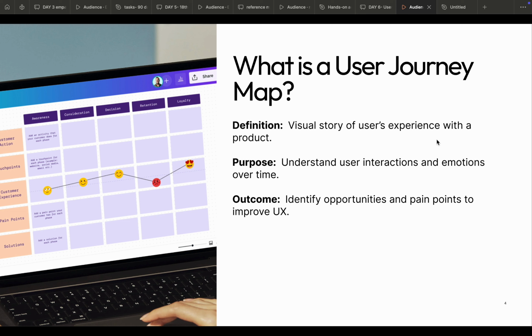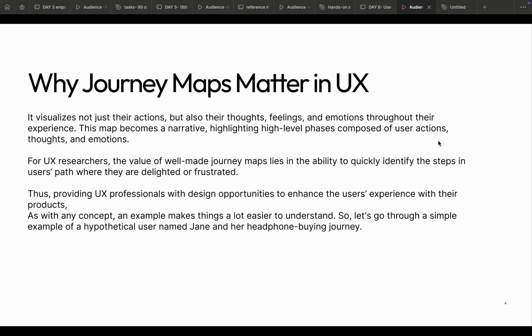Why are user journey maps important in UX? Because it's not just about their actions, rather we should also consider what they are feeling, what they are thinking throughout the process, and how they are experiencing the emotions while they are interacting with the product.